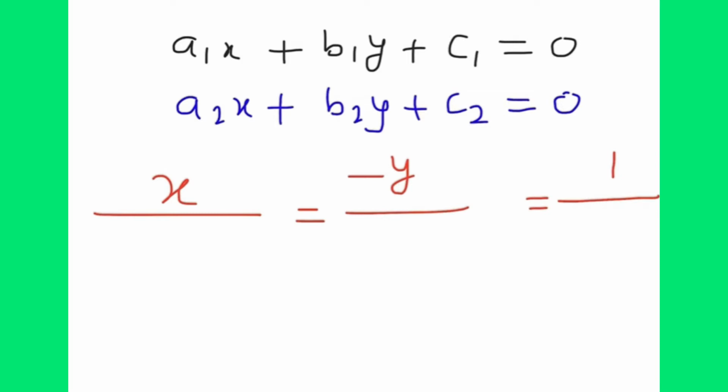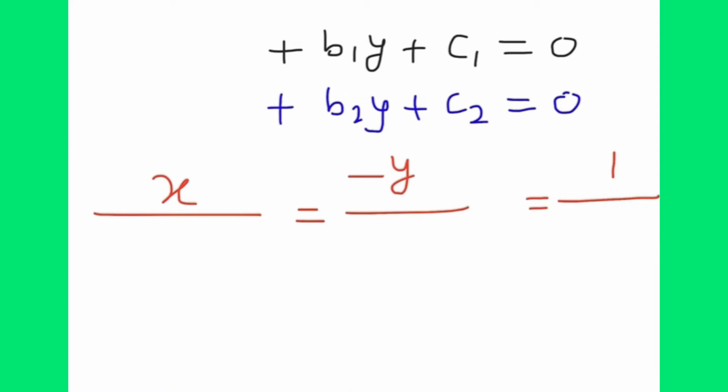After that, what to do? For the solution of x, you hide the x term of the given two equations. You write under x, so you hide the x term of both equations with your left hand, and the remaining are b1y plus c1 equal to 0 and b2y plus c2 equal to 0.